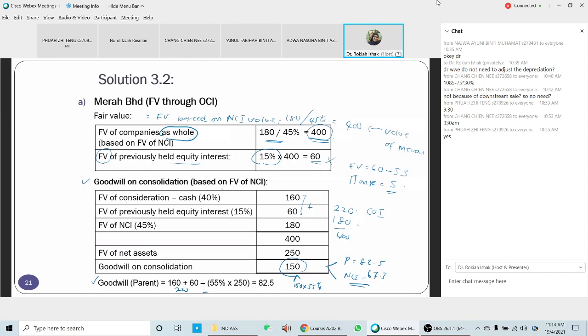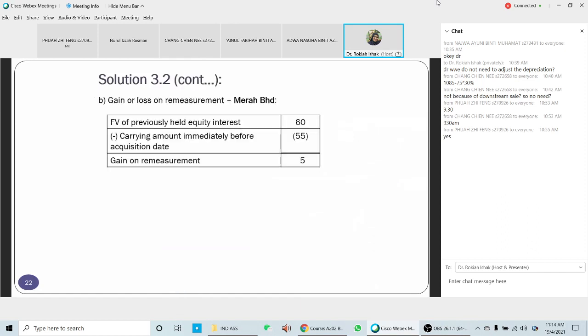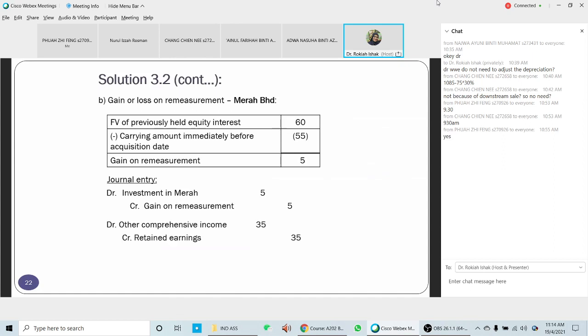So the next one, you have the gains here. We already calculated the gains. So the journal entry for the gain is: debit investment in Merah, and then credit gain on remeasurement. We have the amount we calculated, 60 minus 55, so you're going to have 5. And then the other one in Merah is the fair value reserve.